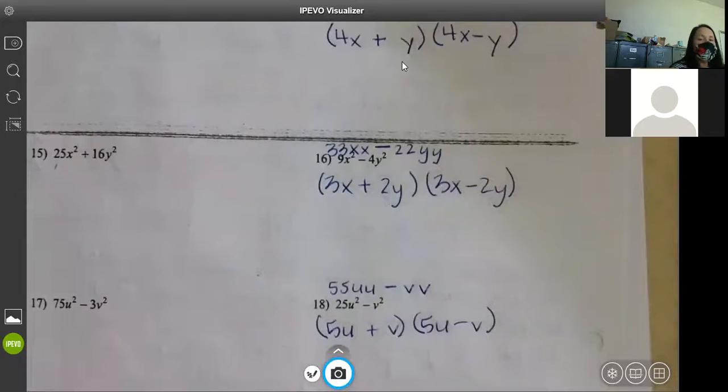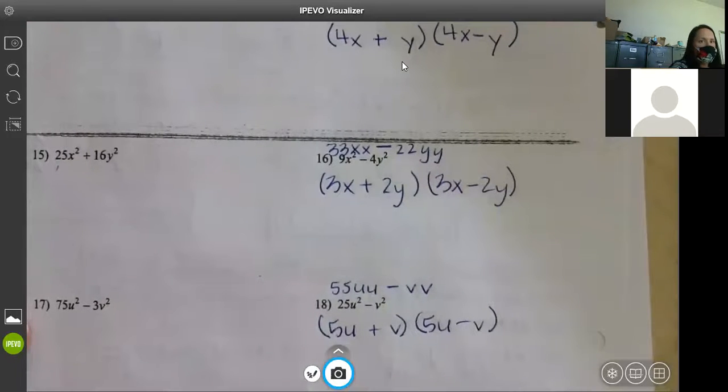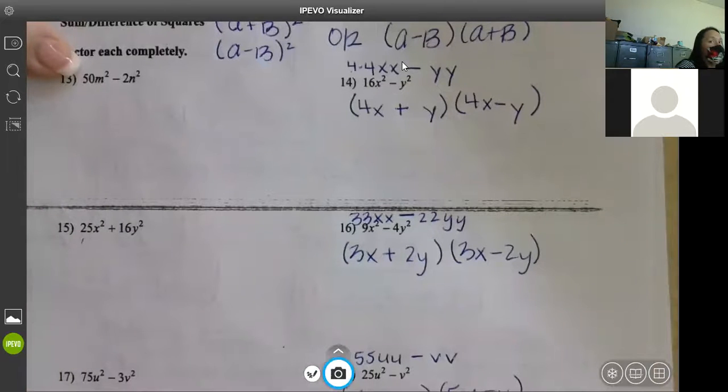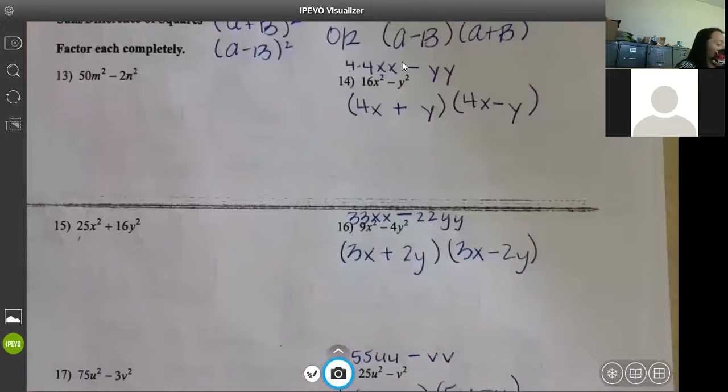All right, so when we look at 13 and 17, I'm going to go back up to 13. Told you 15 will be last. Remember, our first step to factoring is always what? What do we always want to look for? A GCF, right? We always want to look for GCF. What do these have in common? 50 and 2, what do they have in common?